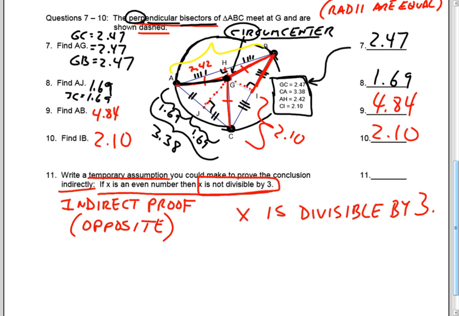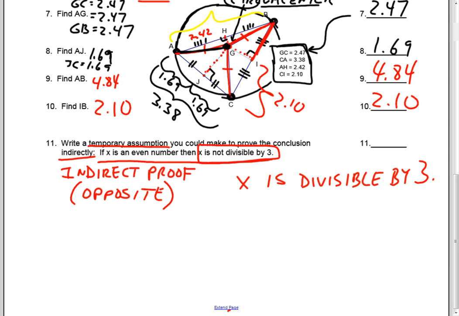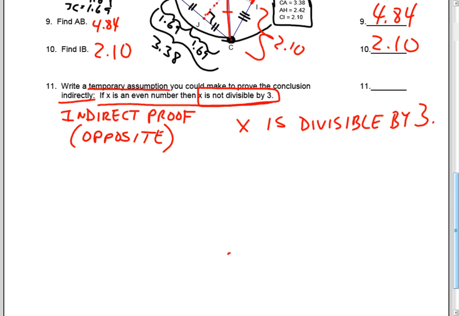With this type of problem, x is divisible by 3. If x is an even number, let's look at a specific number. Let's look at the number 10. If x is an even number, then x is not divisible by 3. Well, let's assume that it is divisible by 3.